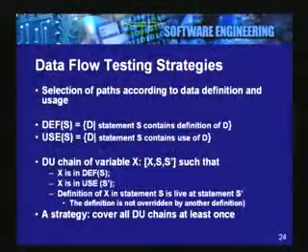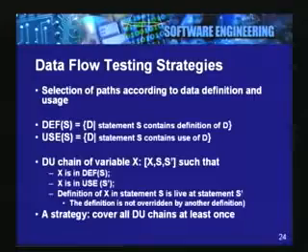So, we will also mention data flow testing strategies. Basically, you select paths based on the data flows. So, you find out where data is defined, and where it is used, and based on that you form definition-use chains, and you try to cover DU chains at least once.